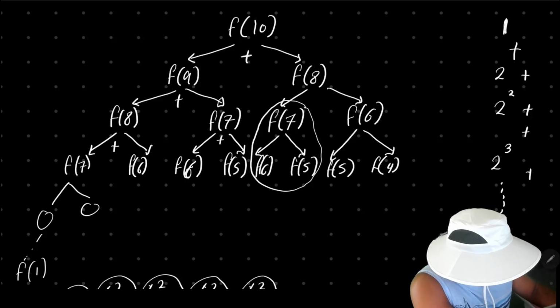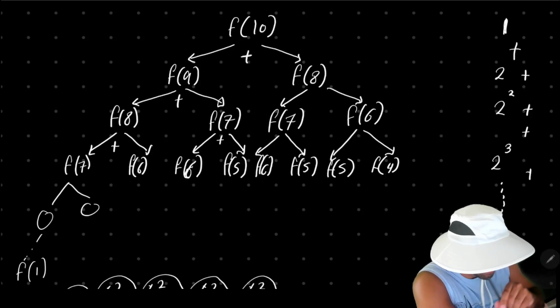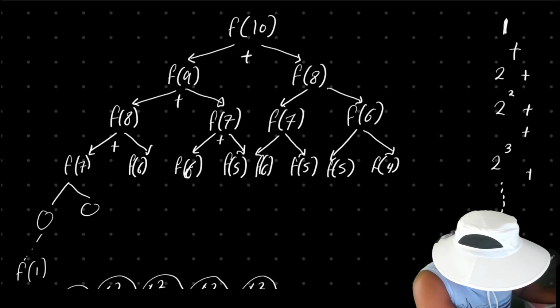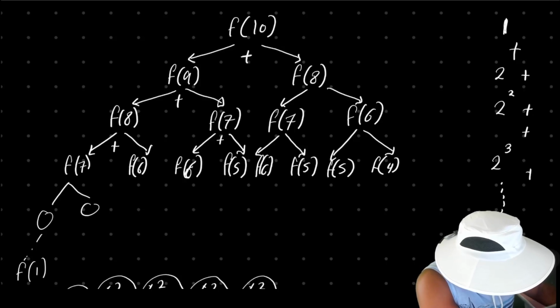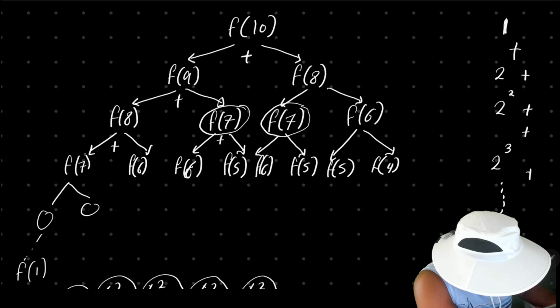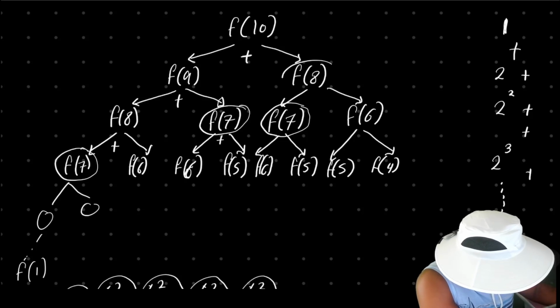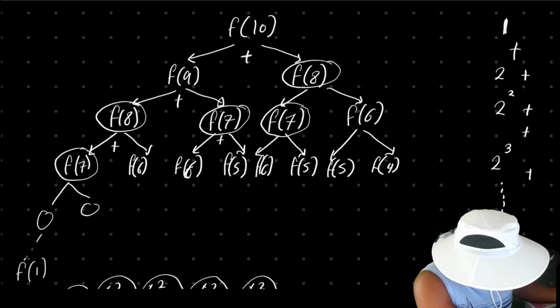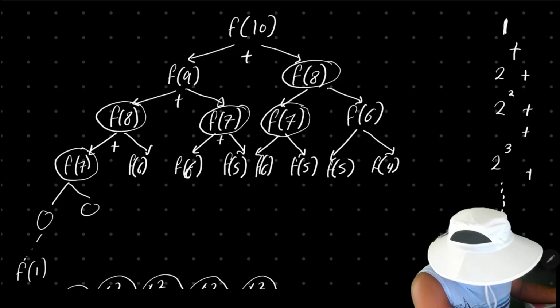That would be great, and that will be a topic I'll talk about next video. The idea is I do not want to repeat this calculation again and again. F of 7 is done here, also here, also here. Look at f of 8. F of 8 is done here, also here. We don't want that.